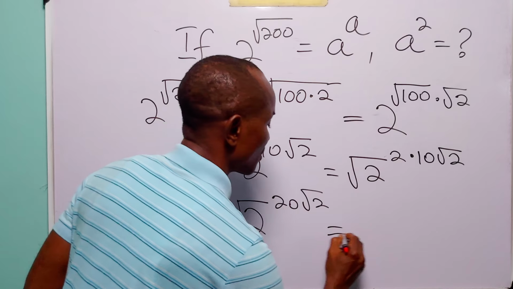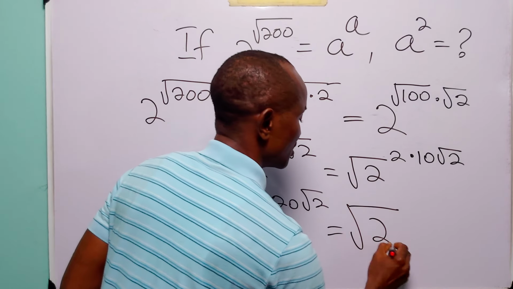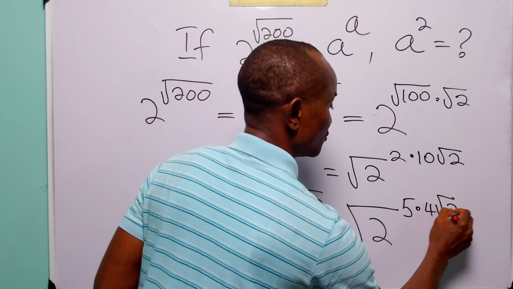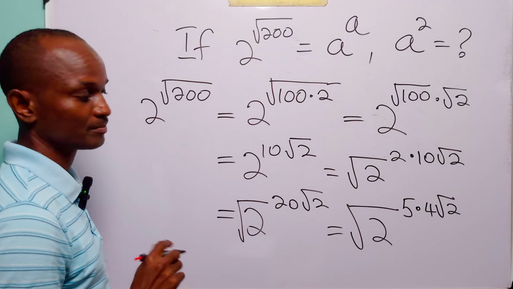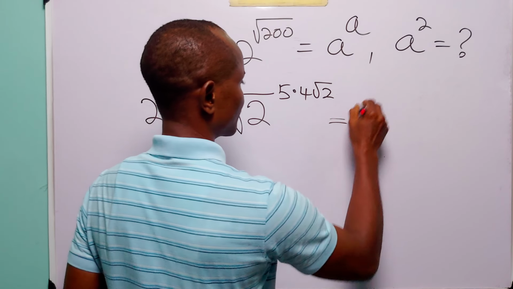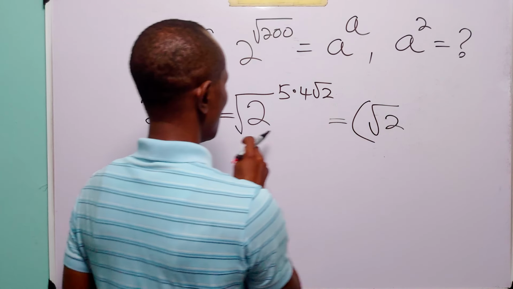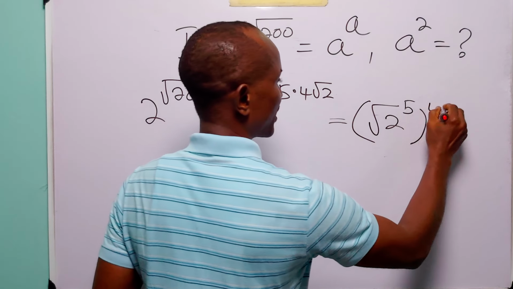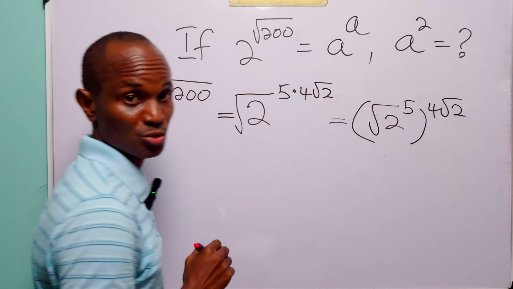So this is equal to root 2 to the power 5 times 4 root 2. And of course, you know that this can be written as root 2 to power 5 to power 4 root 2.